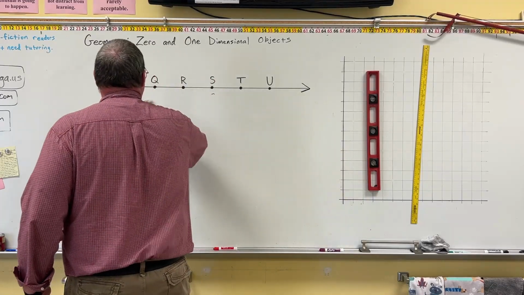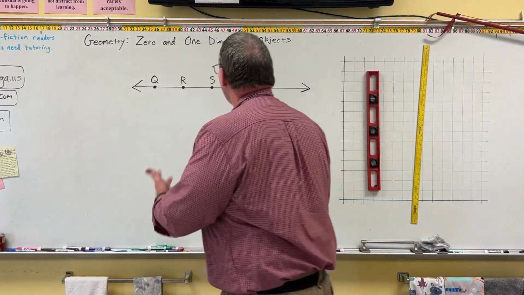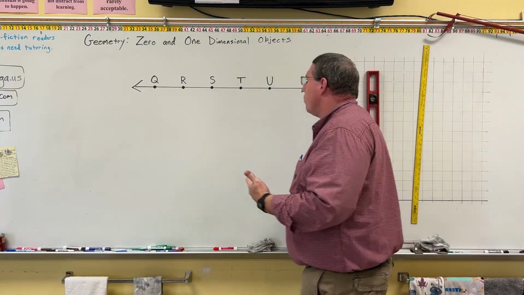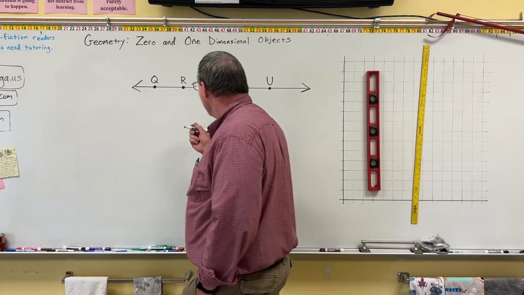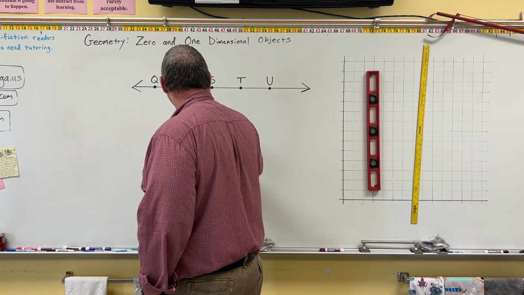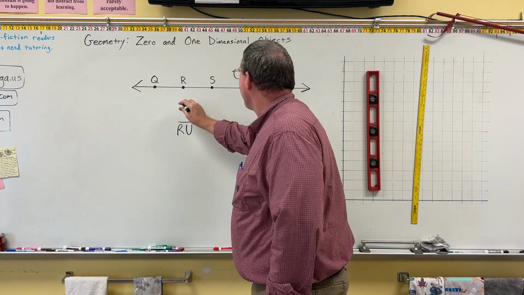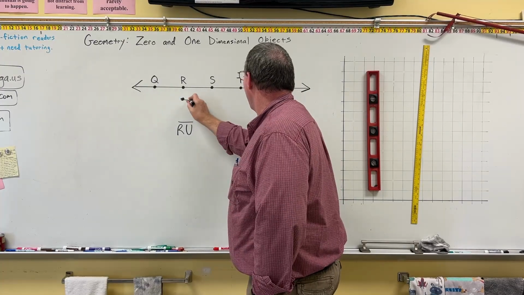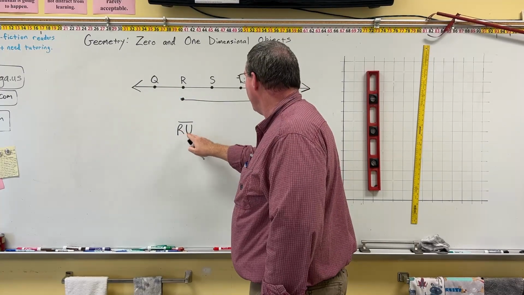Now, let's talk about a line segment. There are a lot of line segments represented here, and they are all different. So a line segment is strictly identified by its endpoints. So line segment RU runs from here to here. That's line segment RU. Endpoint, endpoint.